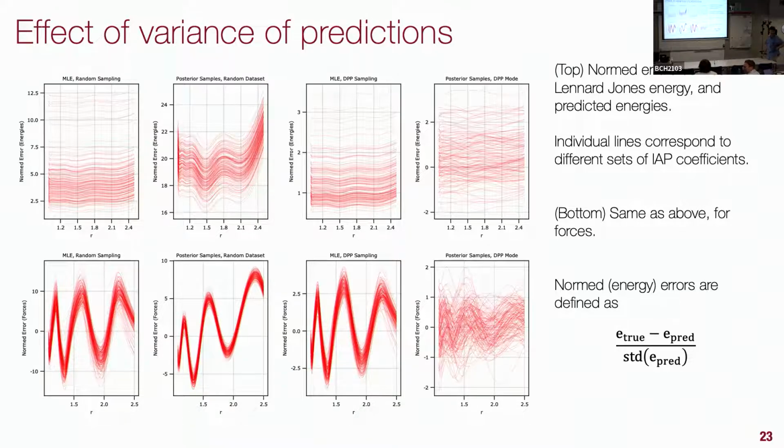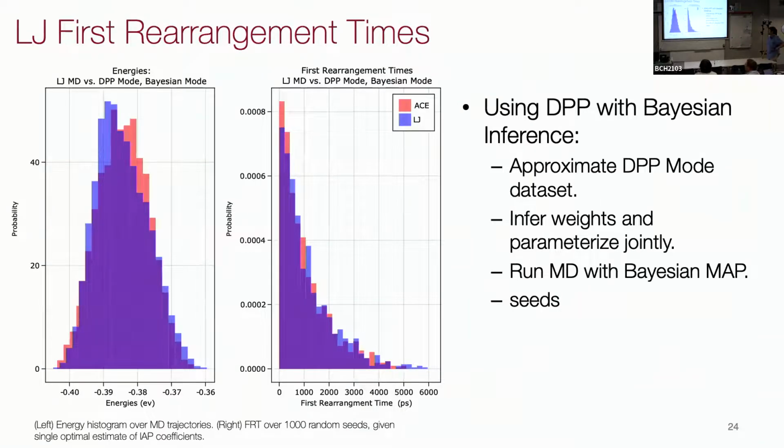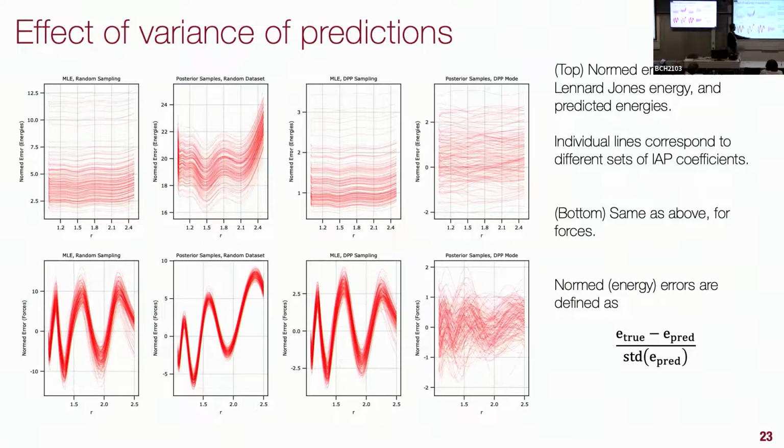Just one thing, can you clarify one more time exactly how you get from the samples you've got in the ensemble to the distributions that you're presenting? Okay, so in this case, I run molecular dynamics, and for each molecular dynamics run, I choose one of these coefficient sets at random and one random seed, right? I do this 1,000 or 2,000 times, so I'm sampling over the configuration.